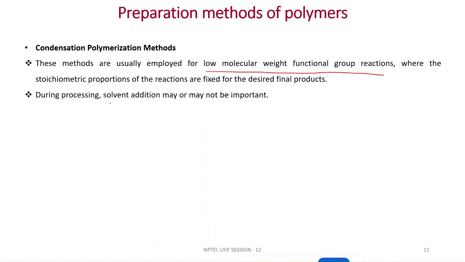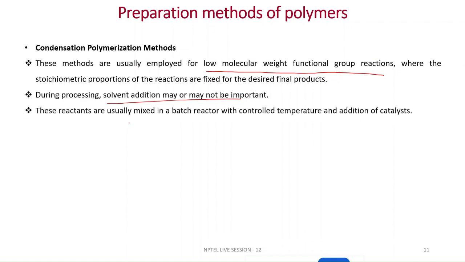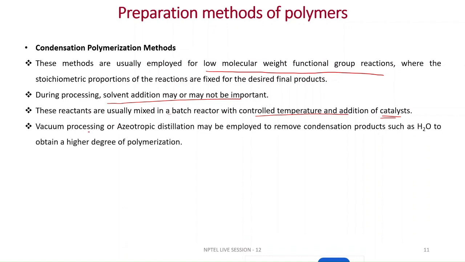During the processing, solvent addition may or may not be important. These reactants are usually mixed in a batch reactor with controlled temperature and addition of catalyst. Now, vacuum processing or azeotropic distillation may be employed to remove the condensation products such as water, to obtain a higher degree of polymerization in the product.